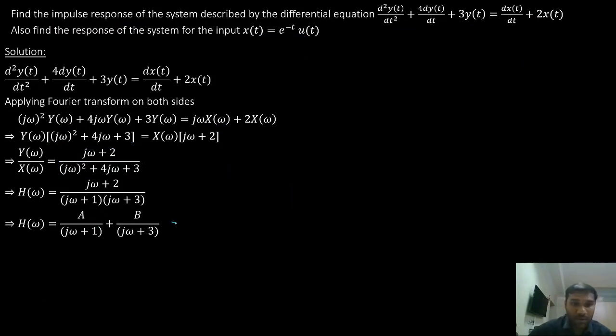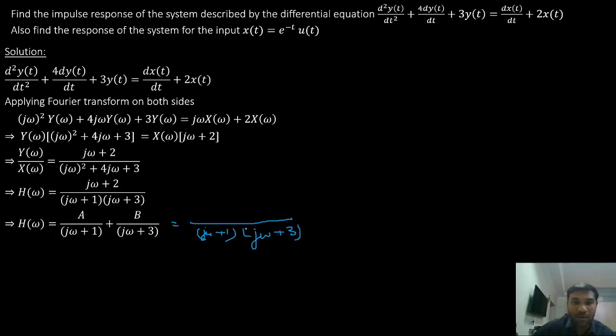Now if I take the LCM of this, what will I get in the denominator? In the denominator I'll get (j omega plus 1) into (j omega plus 3), right?